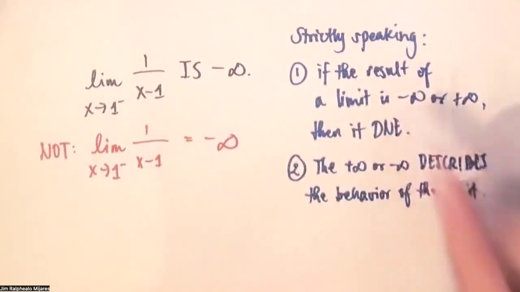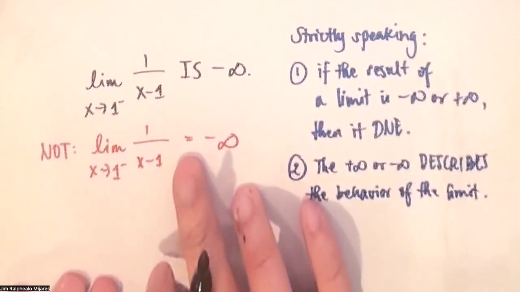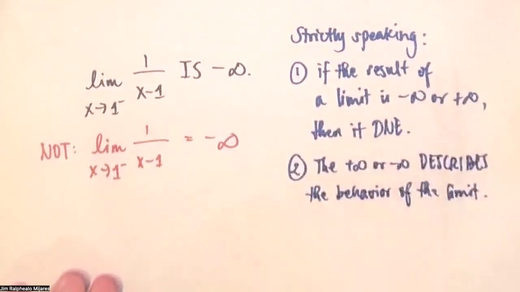If it's negative infinity, it decreases without bound. I need to be very, very careful about that. So don't write it as an equal sign. Strictly speaking, it does not exist. The limit does not exist. What we're doing here is just describing the behavior, if it's increasing or decreasing without bound.